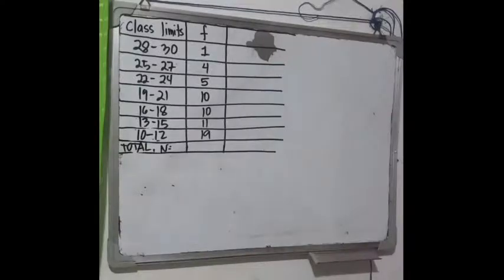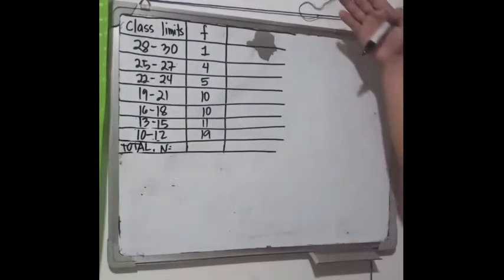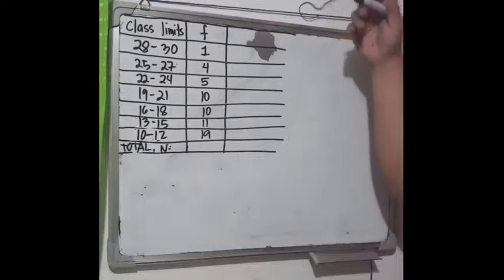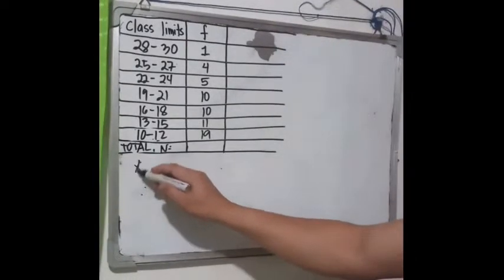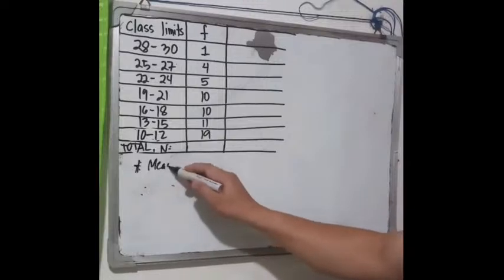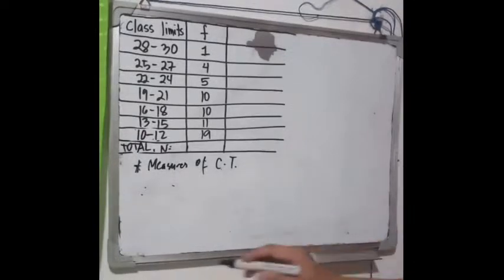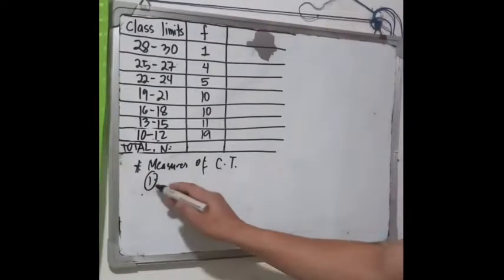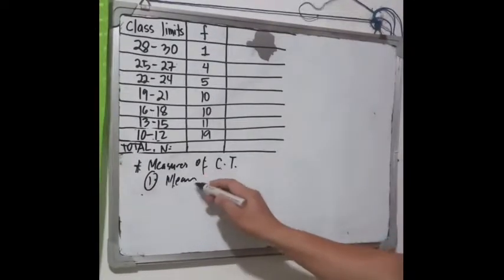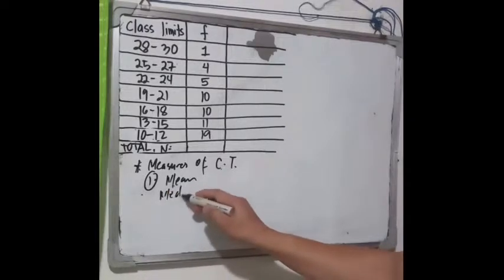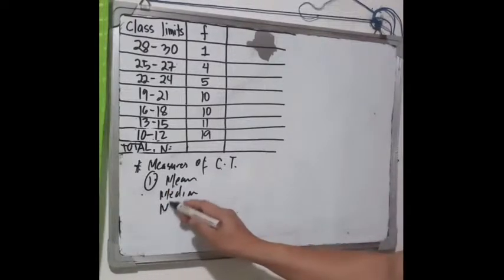Okay, hello everyone, welcome to mathematics tutorial. So after we construct the frequency distribution table, we will find the measures of central tendency. There are 3. So that is mean, median, and mode.